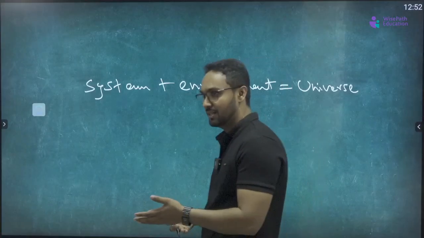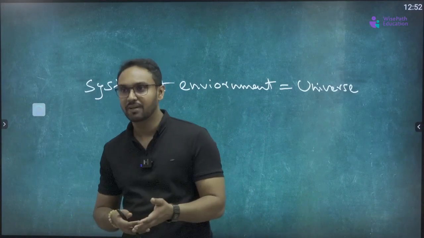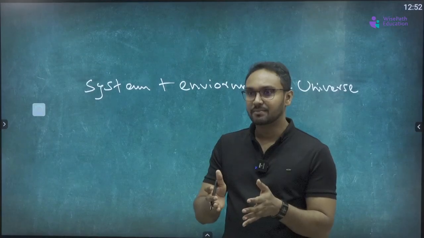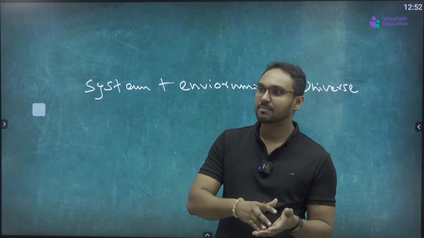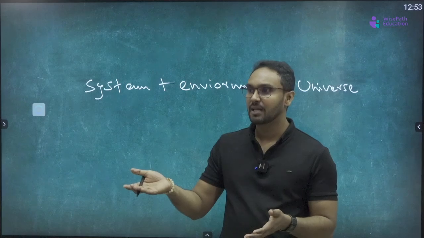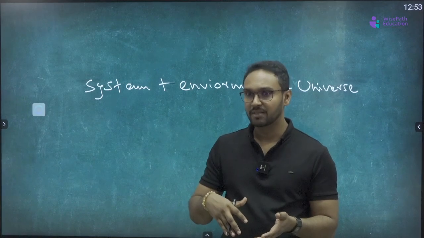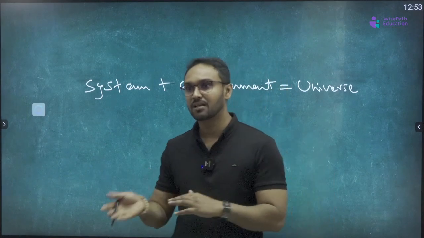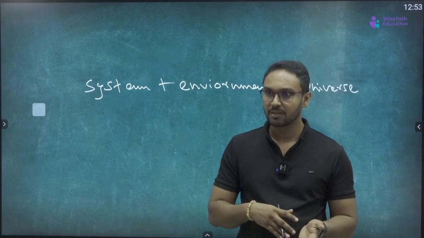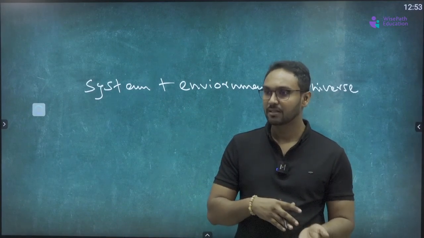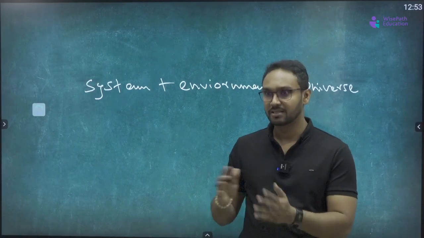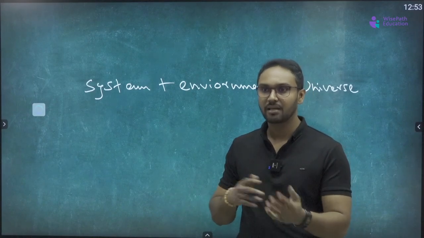If I consider some thing as the system, sometimes the system releases energy to the environment and sometimes the system absorbs energy from the environment. So energy is always transferring between the system and the environment.